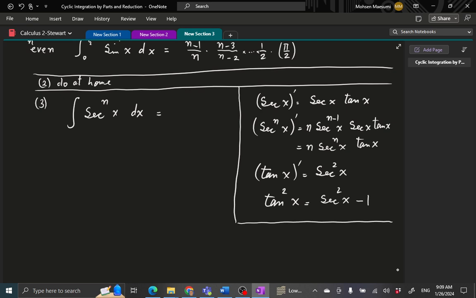Okay, we want to do integration by parts. So we have to split this into pieces. One of these pieces has to be easy to integrate. Well, secant by itself is not so friendly, but secant square is. Secant square, if I integrate it, I get tangent.